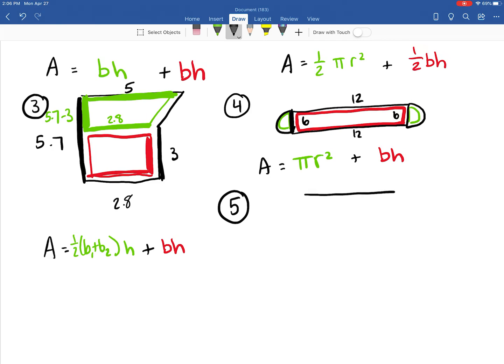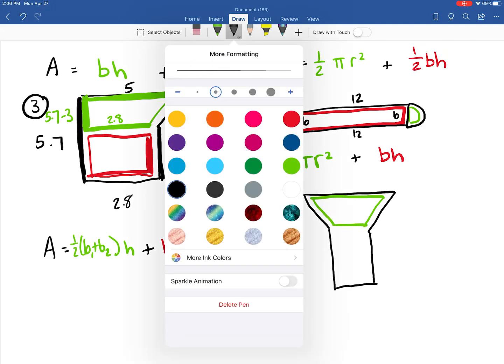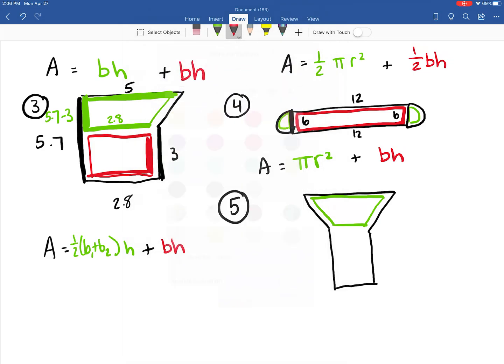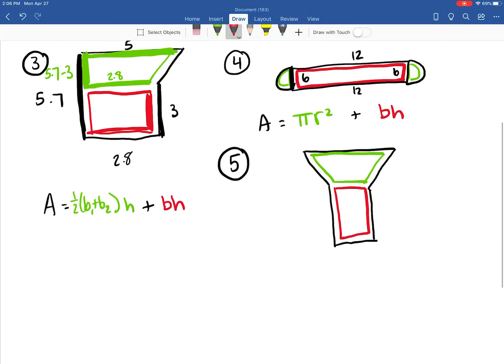Looking at number 5, I see a trapezoid and a parallelogram.